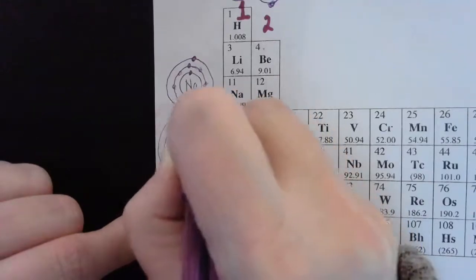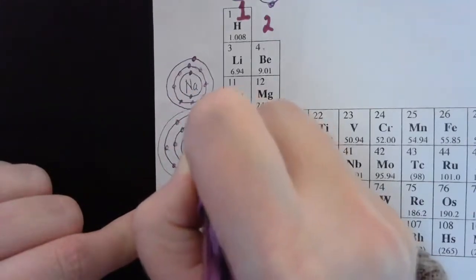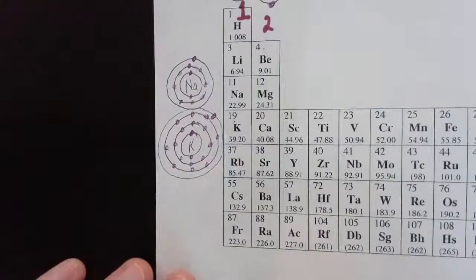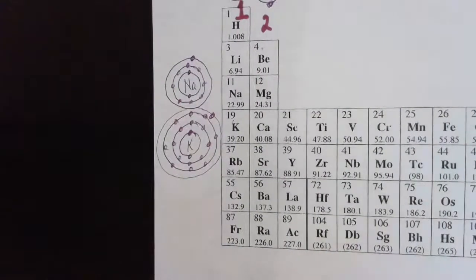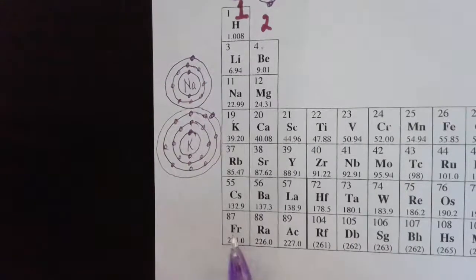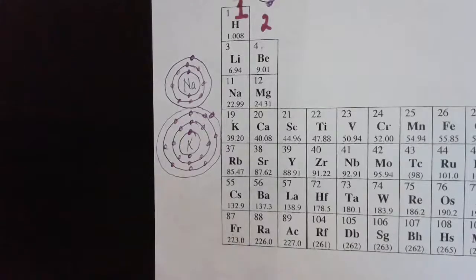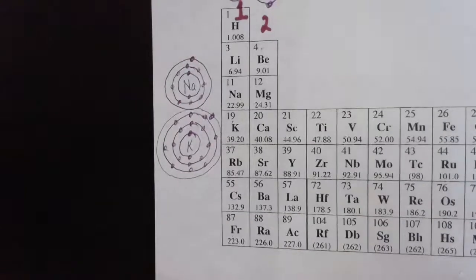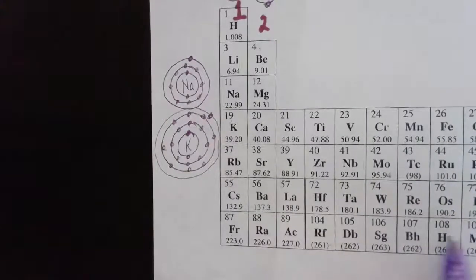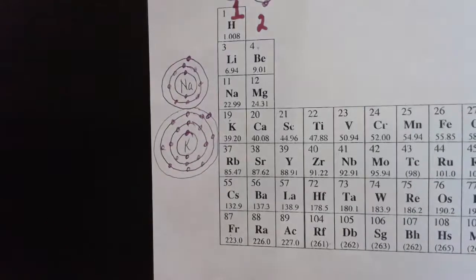There's the last one, 19 electrons. How about if you sleep, I'll make you draw francium. That's francium, 87 electrons. Or maybe we'll do one of these radioactive ones down here. Please don't. No. We're good.